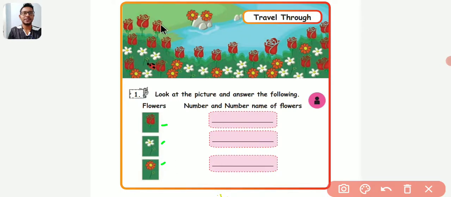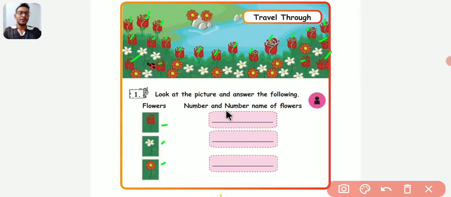How many roses? 1, 2, 3, 4, 5, 6, 7, 8, 9, 10, 11, 12, 13, 14, 15, 16, 17, 18, 19, 20. That's all here. I mark 20.